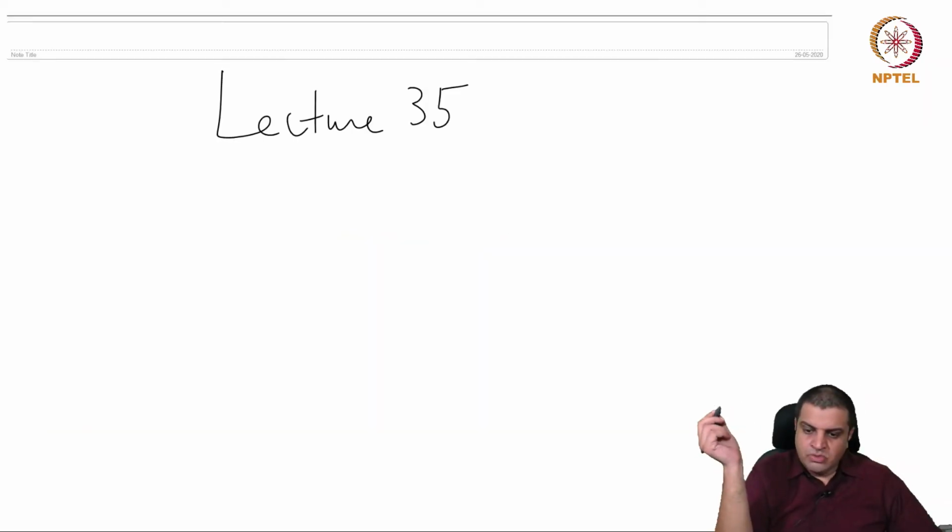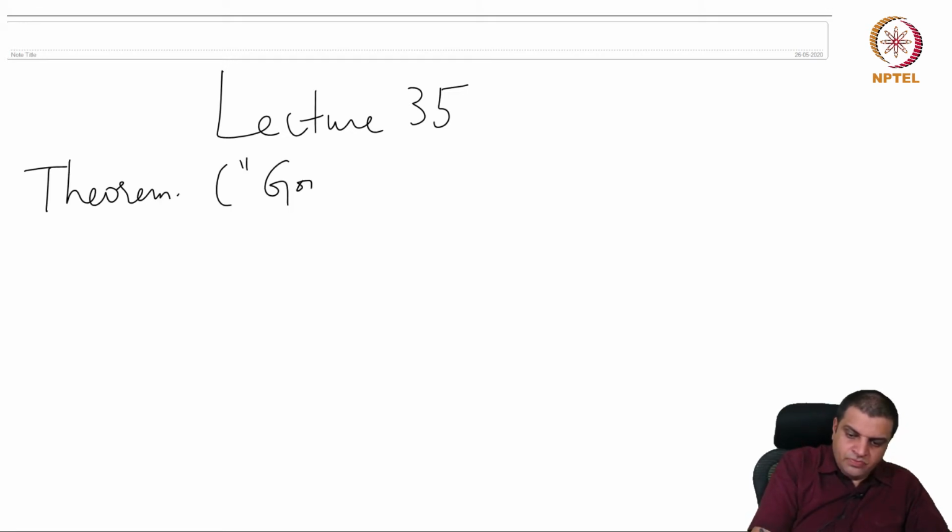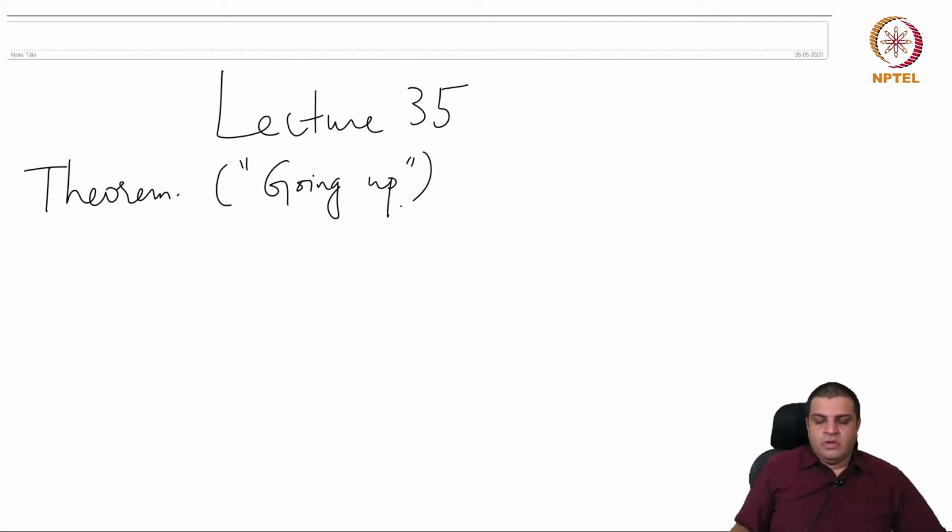So we continue our discussion of integral extensions by proving the next statement, called the going up theorem. There is a similar going down theorem also, which we will not prove now.